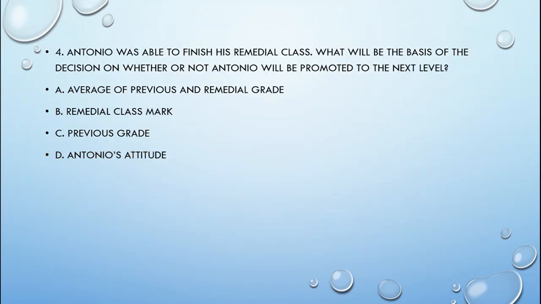Number 4. Antonio was able to finish his remedial classes. What will be the basis of the decision on whether or not Antonio will be promoted to the next level? The answer is letter A, average of previous and remedial classes.